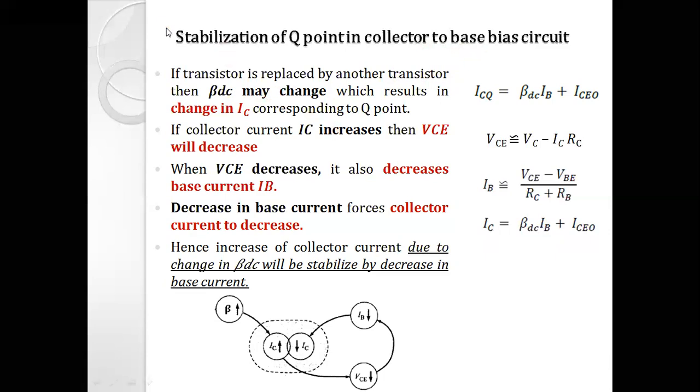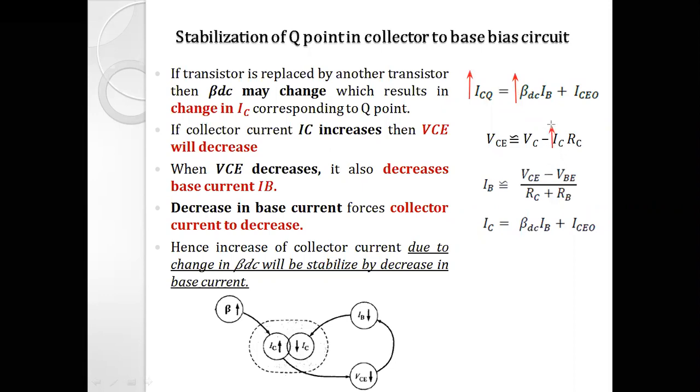If the transistor is replaced by another transistor whose beta is greater than the previous one, that means beta increases because of the replacement. If beta increases, then obviously IC increases, same as the previous slide.